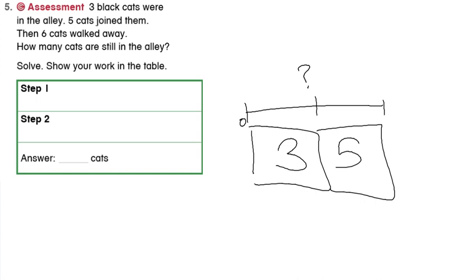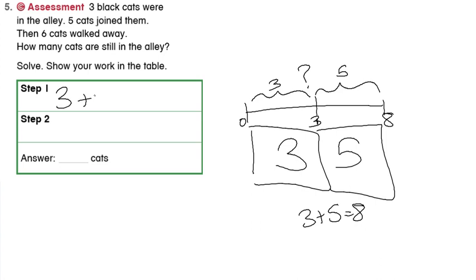From 0 to this line here is 3. And then from 3 to this line here is 5. So to find out, I'm going to take 3 plus 5, and that's going to equal 8. So step 1 was 3 plus 5 equals 8.